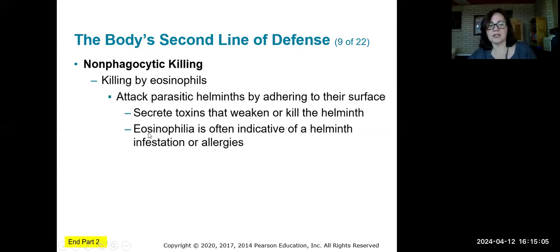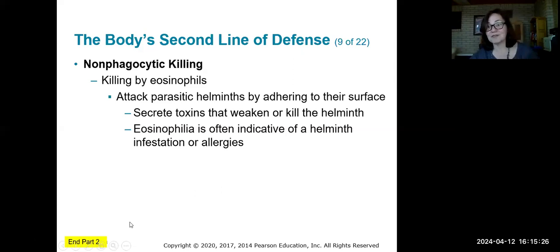And as we've mentioned, just like the neutrophil numbers being elevated is an indication of a bacterial infection, likewise, an increase in the eosinophil number is often indicative of either a worm infection, or as we mentioned previously, it might be indicative that the patient is having an allergic reaction to something.